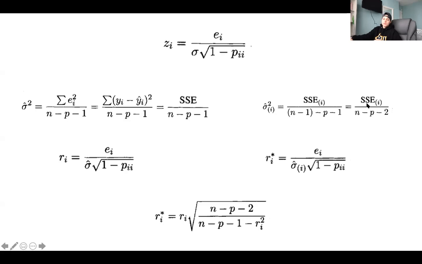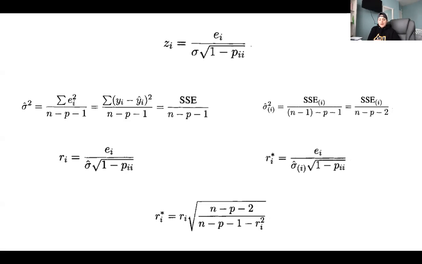To break that down further, we can take our SSE sub i value and divide that by our degrees of freedom of n minus p minus 2. Our SSE sub i value is the sum of squared residuals when we fit the model to n minus 1 observations while omitting the ith observation. Both of these are unbiased estimates of sigma squared.